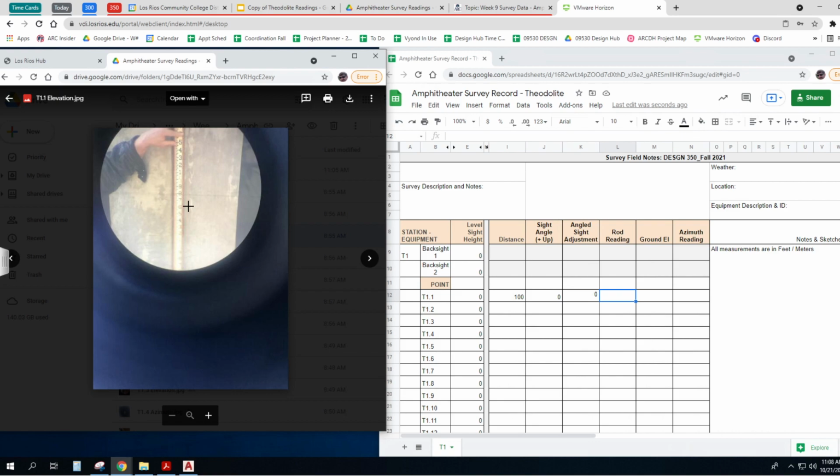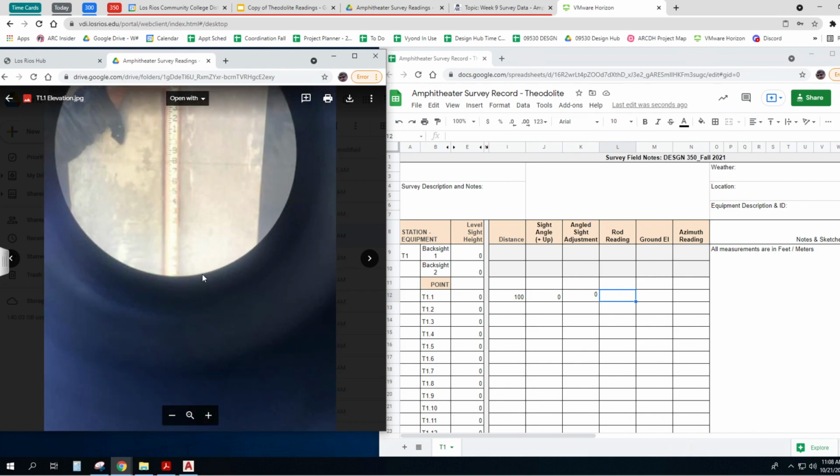And I'm reading that as, I think that's the 5. So it's pretty close to 4.8.